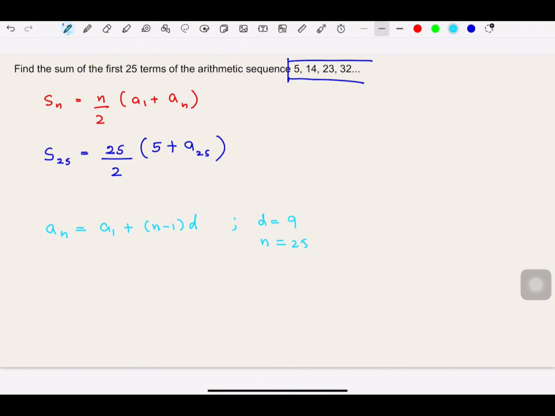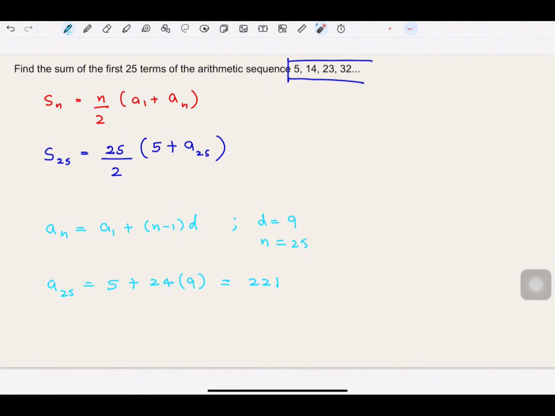Okay, so let's calculate this. a25 equals 5 plus n minus 1, and n equals 25, which means it's going to be 24 times 9. So 5 plus 24 times 9 is equal to 221. So the 25th term will be 221.